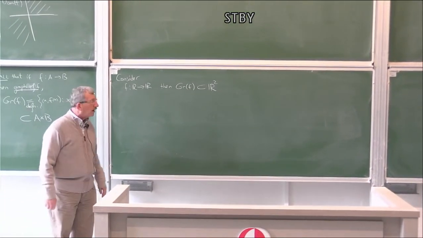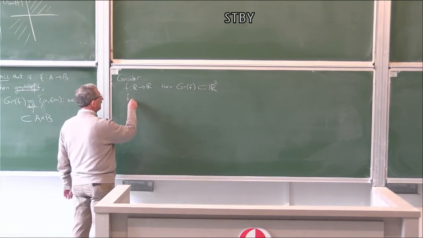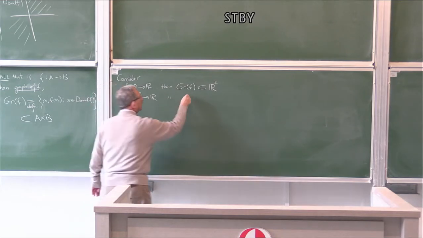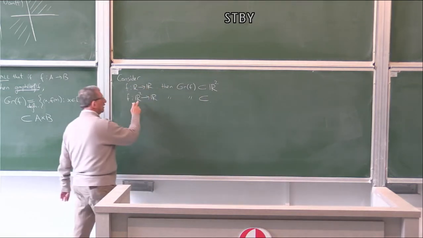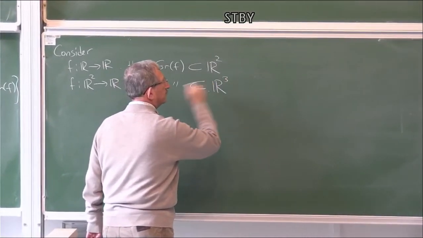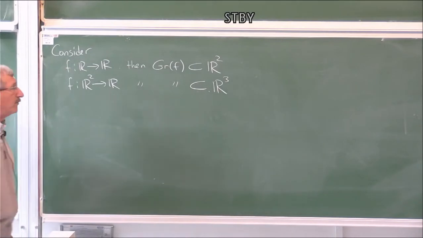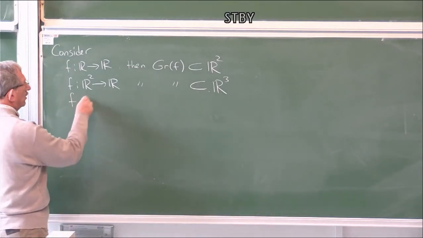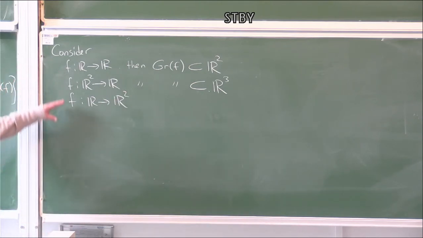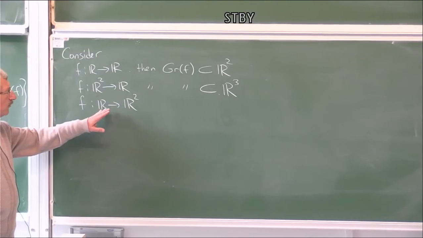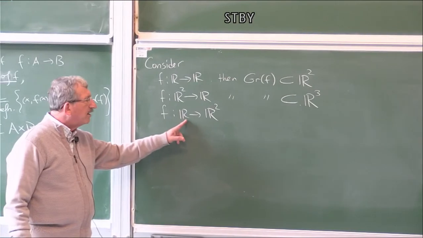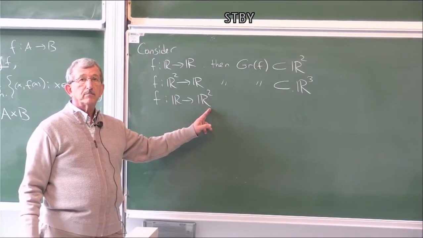It's part of R2. If f is from R squared into R, then the graph of f is in R2 cross R, which is R3. It must be in space. Or, if we have a function from reals into R2, that means for every scalar number you get a vector in the plane.